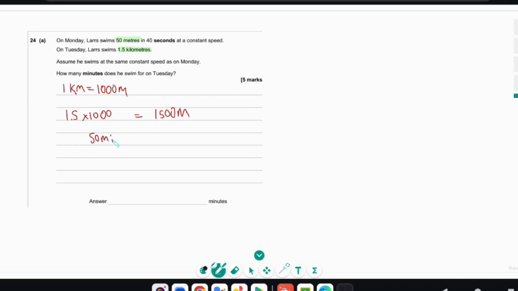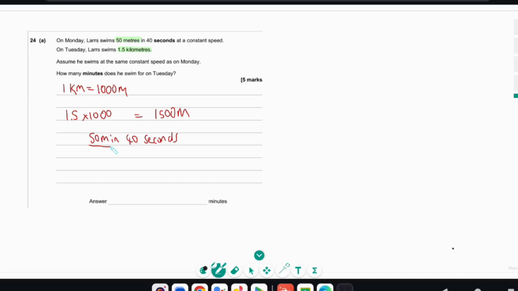Okay, so Lars swims 50 metres in 40 seconds. I'm going to work out his speed per second. So you need to divide it by 40, right? Because it's 50 metres in 40 seconds.